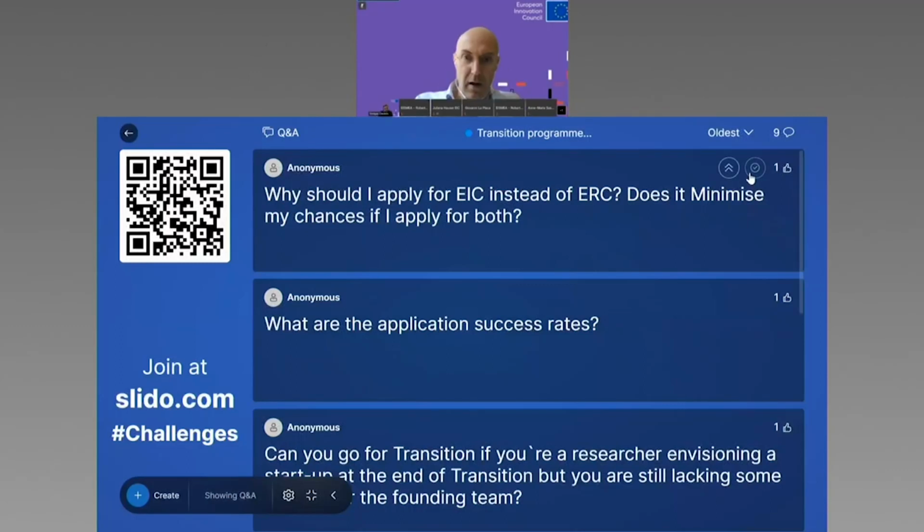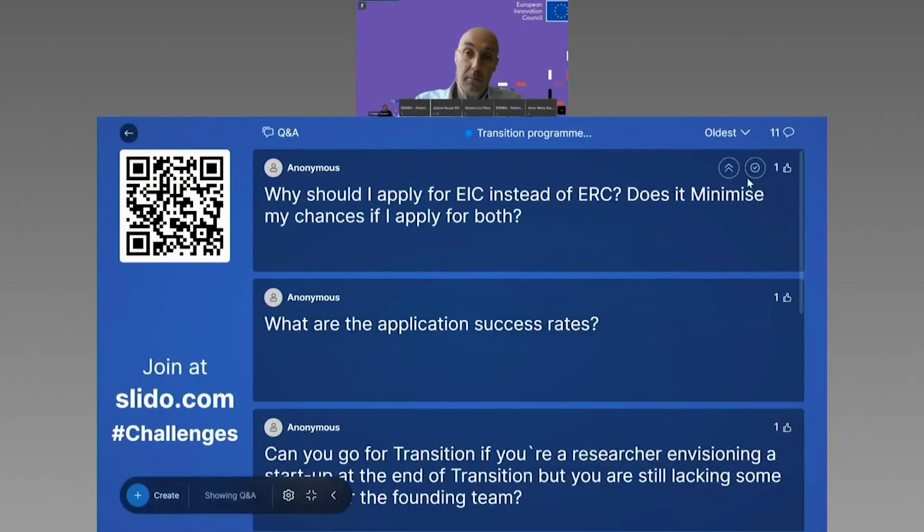I think the applicant is referring to ERC POC. ERC POC is 150,000 euro, given at the end of an ERC grant. In that case, the ERC POC helps to explore the market, and sometimes also to create the company, and then afterwards to join the EIC and submit a proposal to EIC Transition.